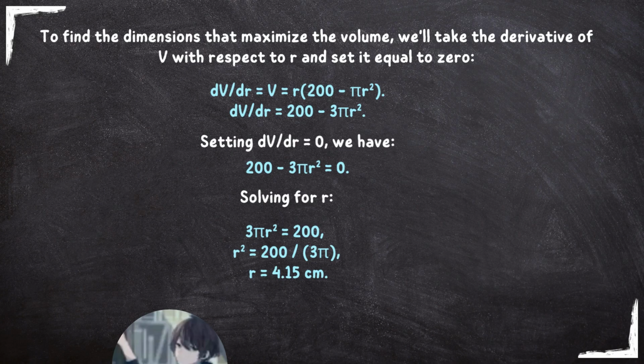By setting dV/dr equal to 0, we have 200 − 3πr² = 0. Solving for r, 3πr² = 200, r² = 200 / 3π. So we have r = 4.15 cm.